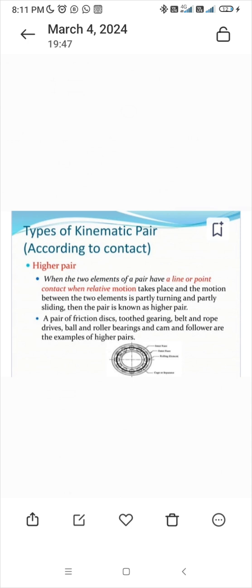Some examples: belt, rope and chain drives and roller bearings, in which there is a line contact. Gears, cam and follower, a pair of friction wheels and ball bearings, etc., in which there is a point contact. If it is point contact, it will be called a higher pair.